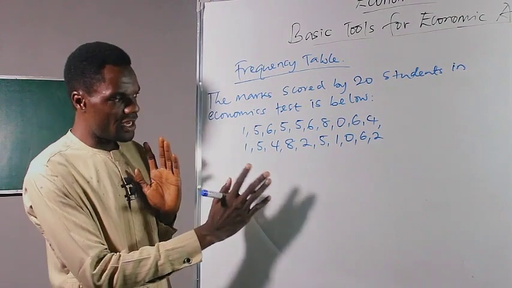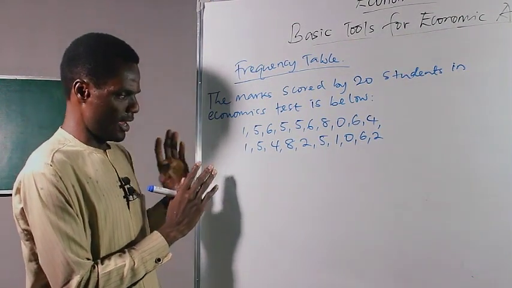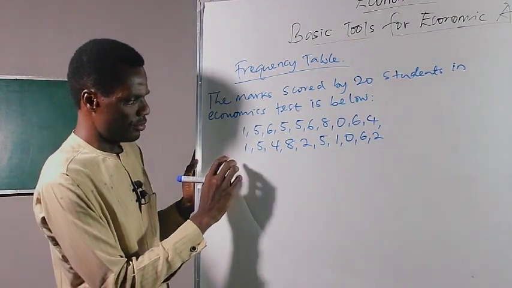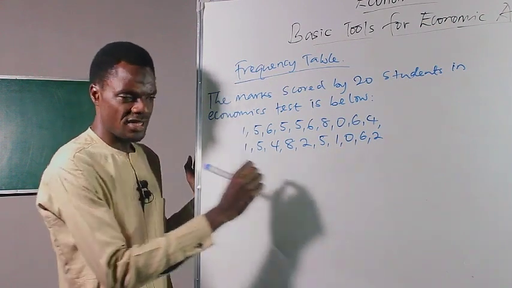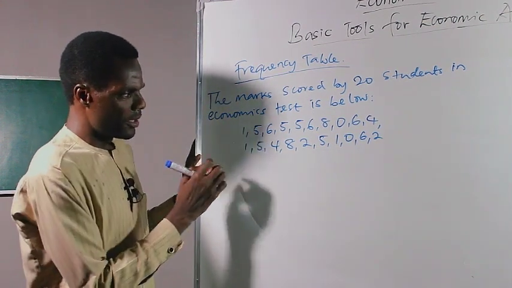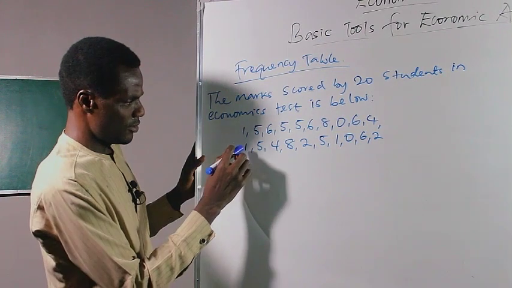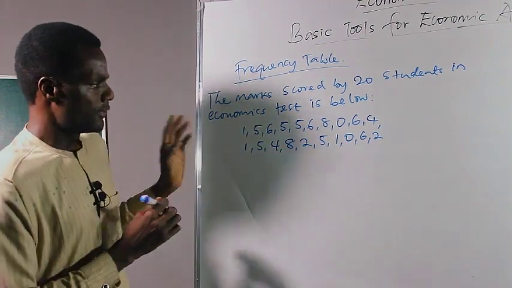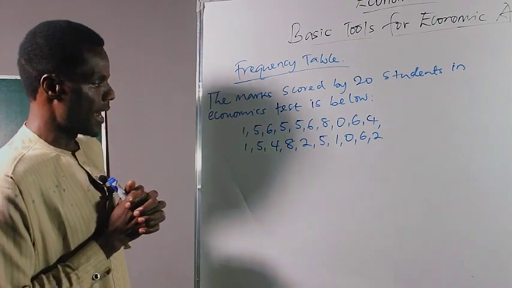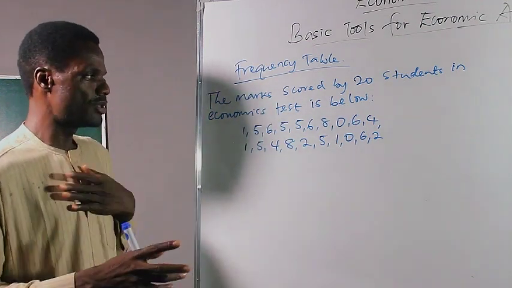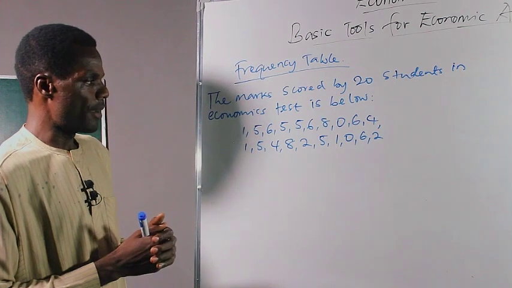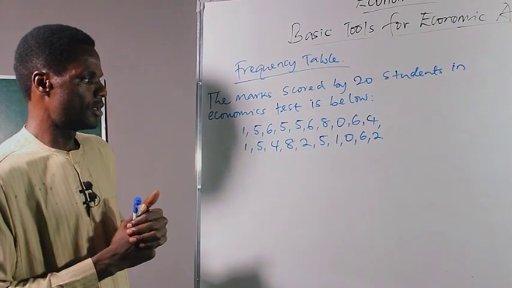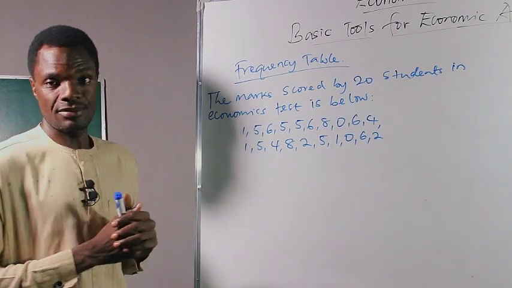So there are some variables, as you can see from here, that repeat themselves. For example, 5 appears 1, 2, 3, 4, 5 times here, and 2 appears 2 times, and 0 appeared 2 times, and 1 appeared 3 times, I mean.